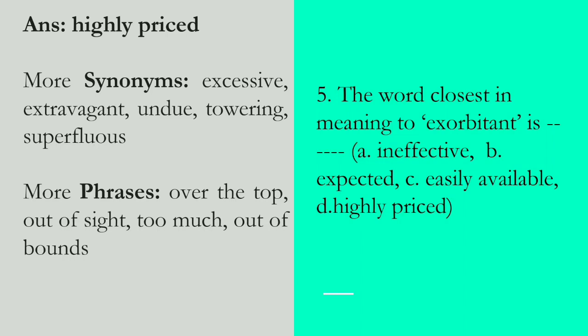He interviewed a woman who was making bamboo stools and learned that she was being charged exorbitant rates for her loans. So the sentence itself shows that it is something related to something highly priced. So the answer is highly priced, and some more synonyms: excessive, extravagant, undue, towering, superfluous, etc. And the phrases for highly priced or exorbitant are over the top, out of sight, too much, out of bounds, etc.